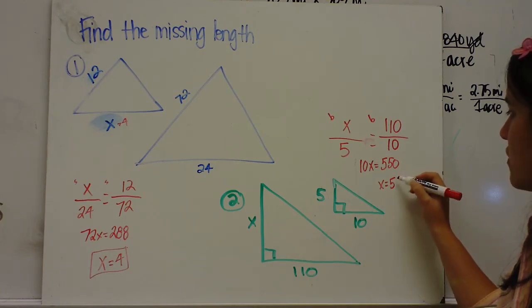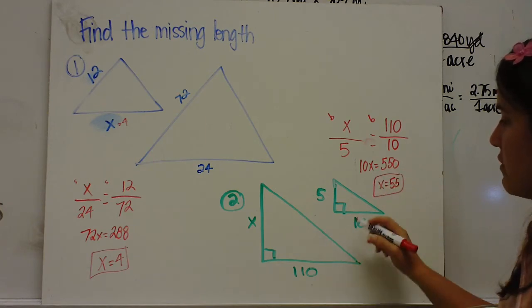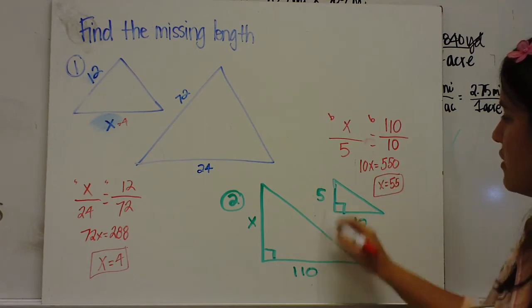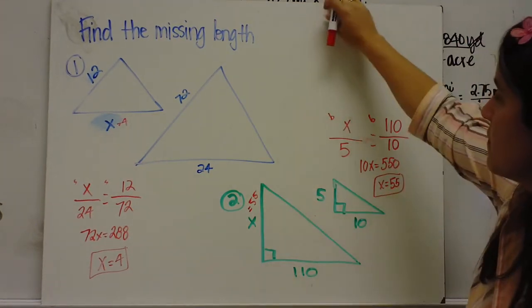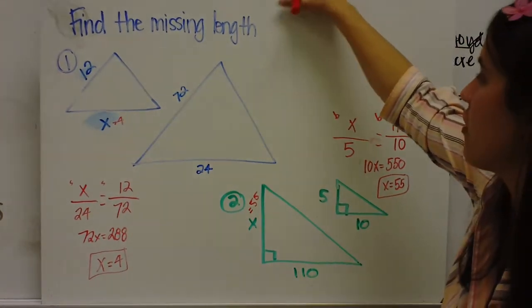Okay, sorry, that would be 110 times 5. X equals 55. I kept thinking I was typing something wrong.